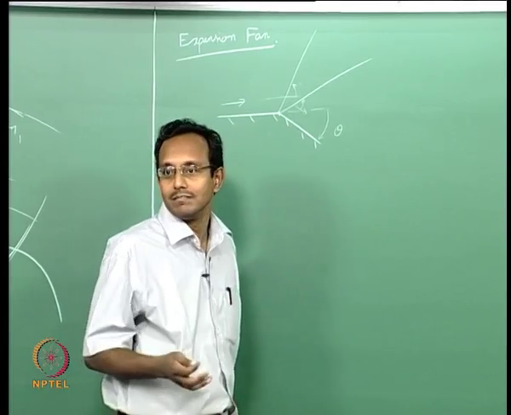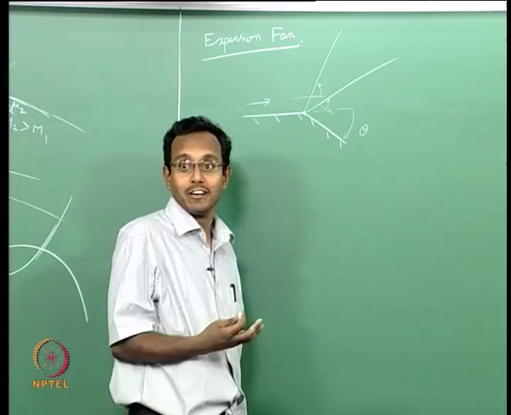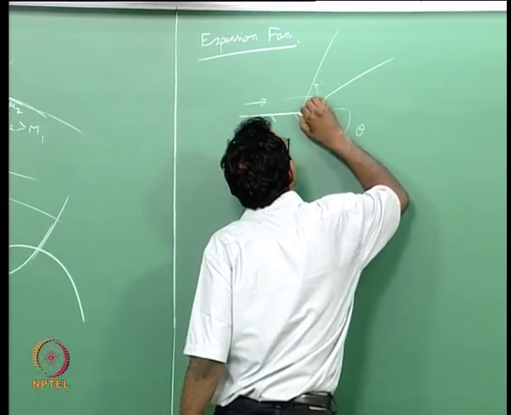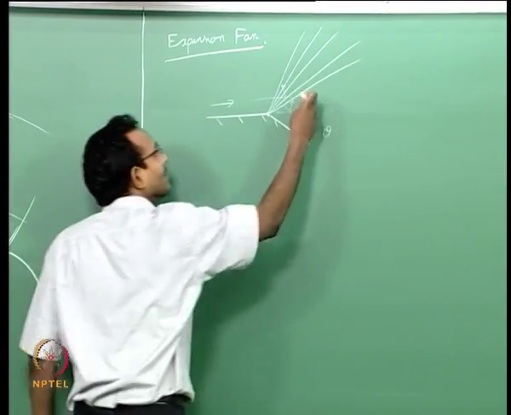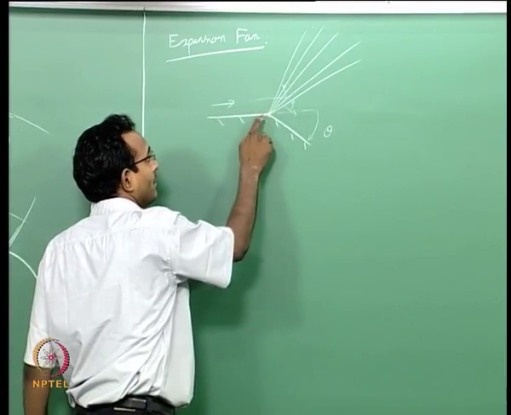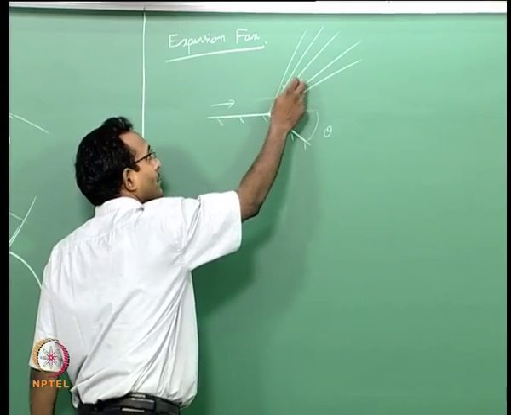Typically I pick 10. If you want more resolution in data, you can pick 100, 200, whatever, depending on your computer power. Typically I will pick 10, but I will draw only 5 lines here. First one is the incoming, last one is the outgoing, and the others are somewhere in the middle.